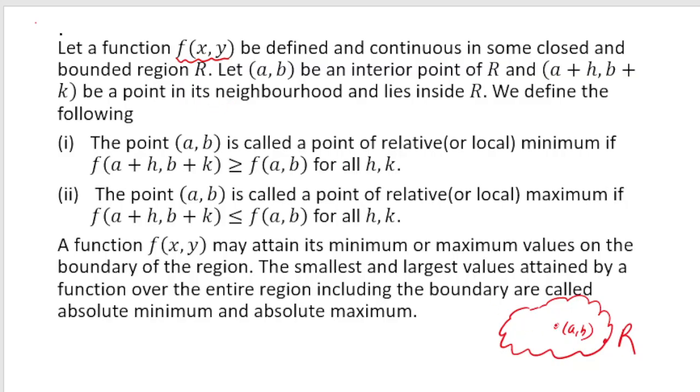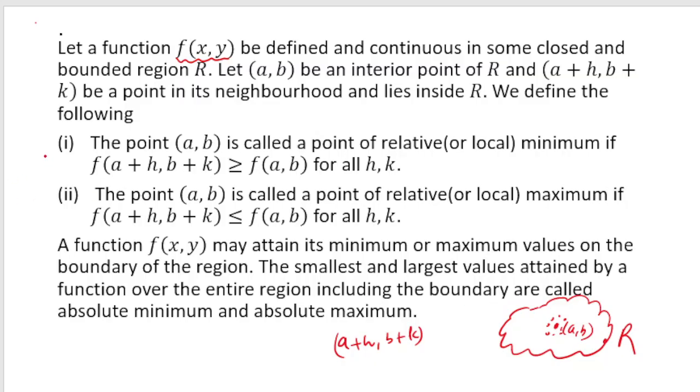By neighborhood, I mean that I take any points around this point a comma b. It may be in any direction, right? And the coordinate of that point I am calling a plus h comma b plus k. So if a comma b is a point, then a plus h comma b plus k is a point in its neighborhood around this point a comma b.